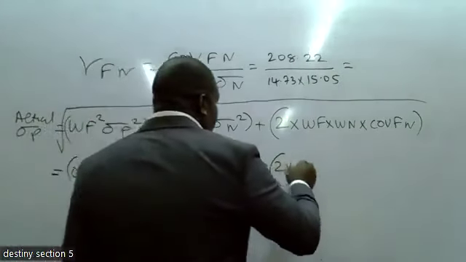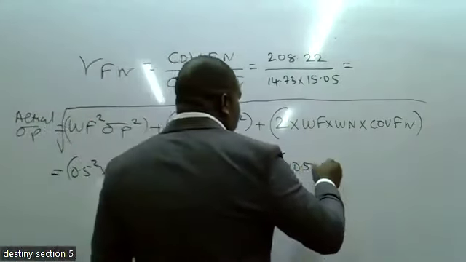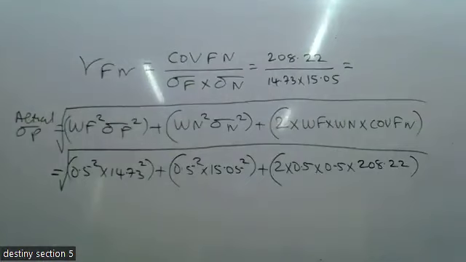Then 2 multiplied by 0.5 multiplied by 0.5, then the covariance equals 0.8. The proportion is given. They have said equal weight, and there are two assets, so each is 0.5.